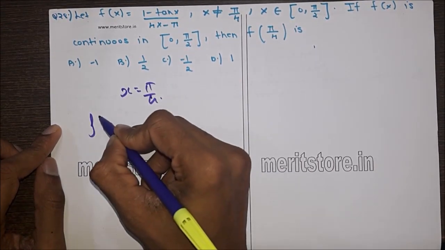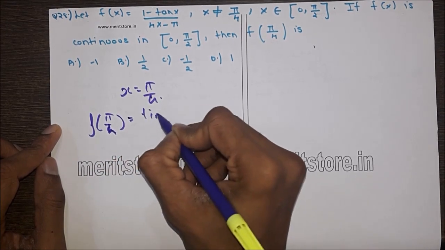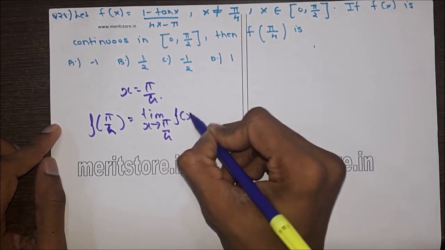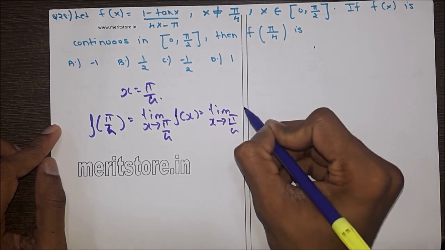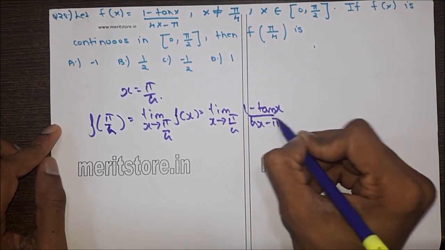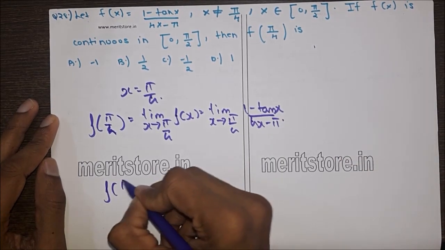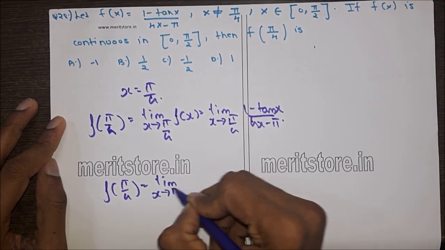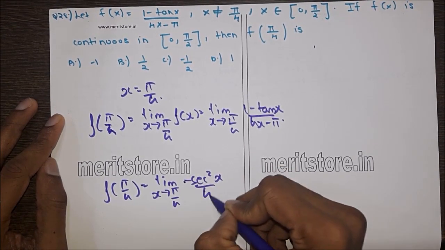So f(pi by 4) equals the limit as x approaches pi by 4 of f(x), which equals the limit as x approaches pi by 4 of 1 minus tan x upon 4x minus pi. Applying L'Hospital's rule, we get f(pi by 4) equal to the limit as x approaches pi by 4 of minus sec square x upon 4.